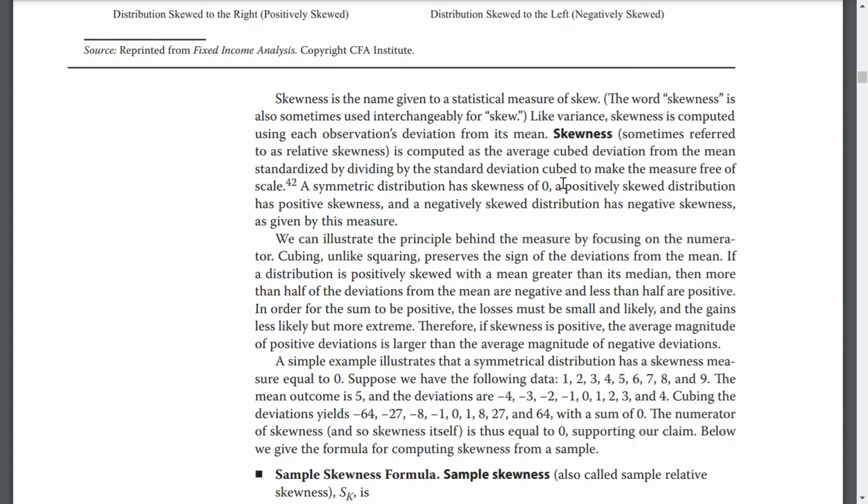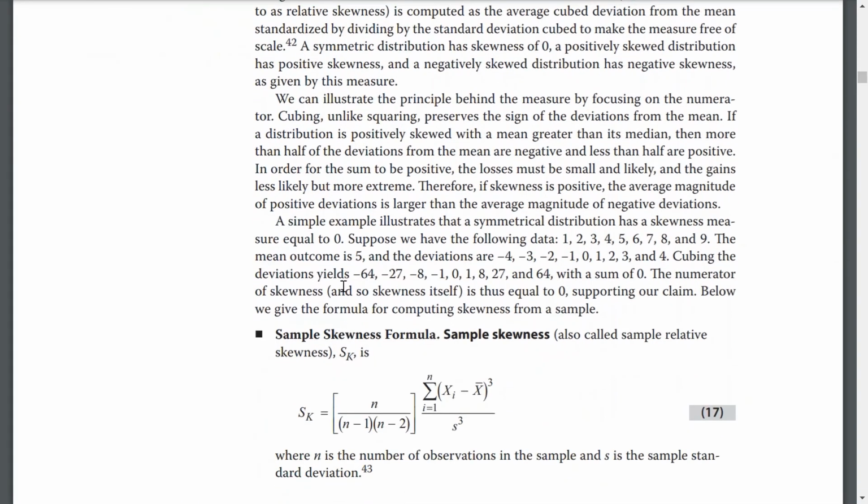A simple example illustrates that a symmetrical distribution has a skewness measure equal to 0. Suppose we have the following data: 1, 2, 3, 4, 5, 6, 7, 8, 9. The mean outcome is 5. The deviations are -4, -3, -2, -1, 0, 1, 2, 3, 4.